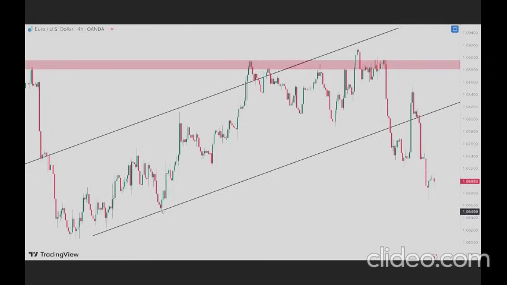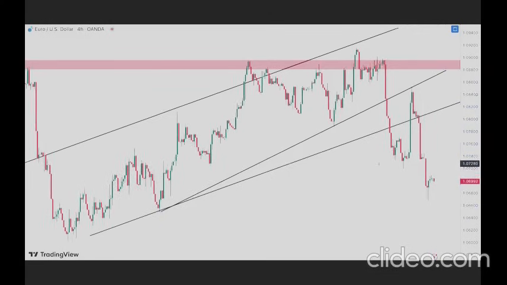That is this point and this point. So if you connect them, you get structure like this.